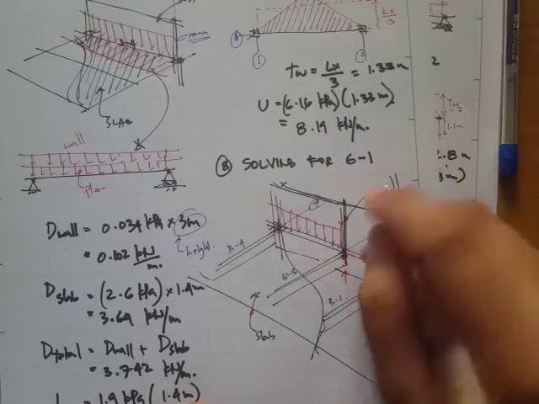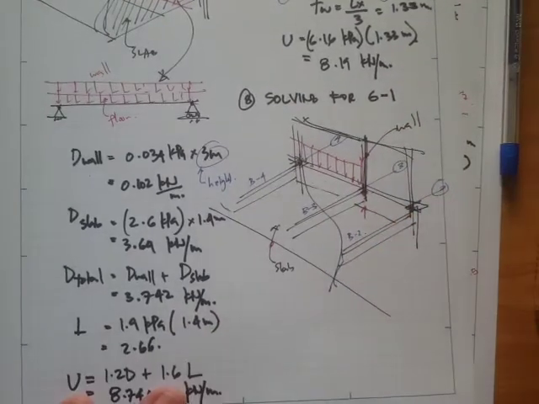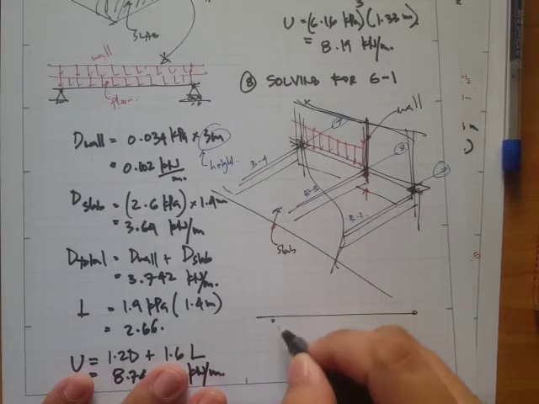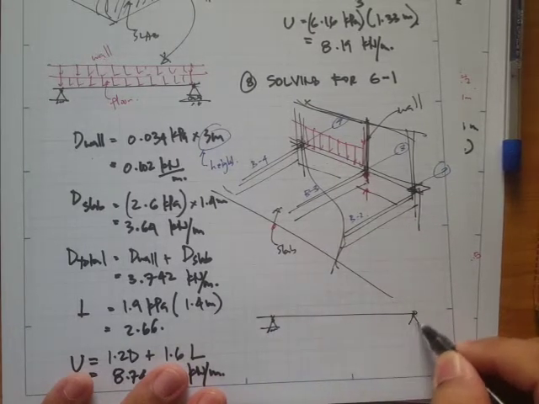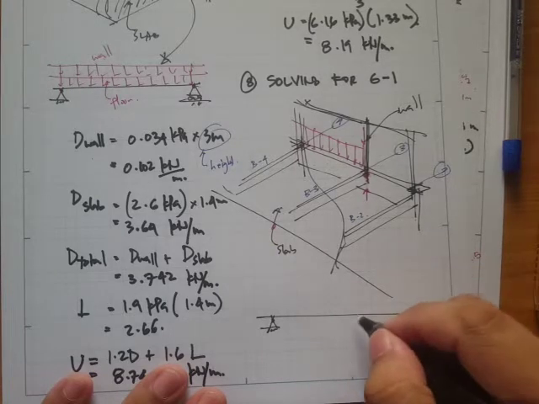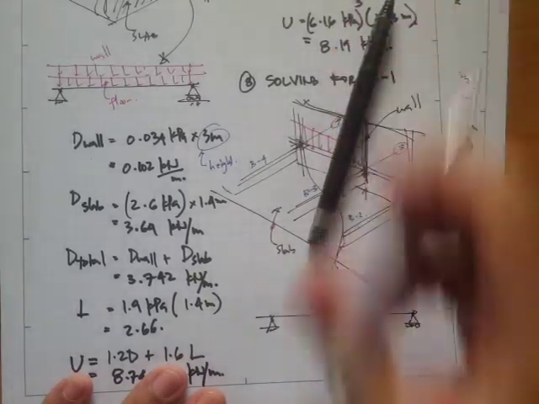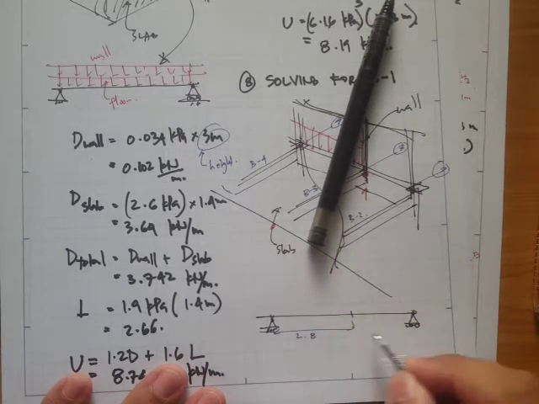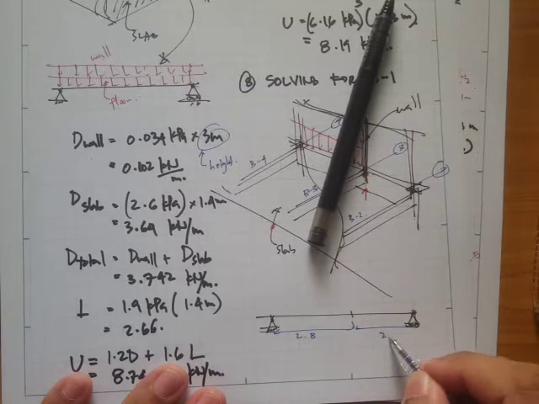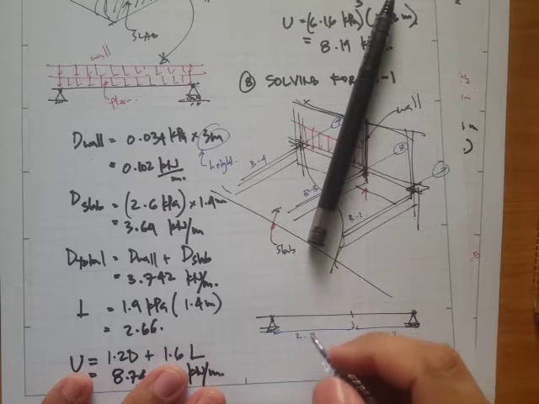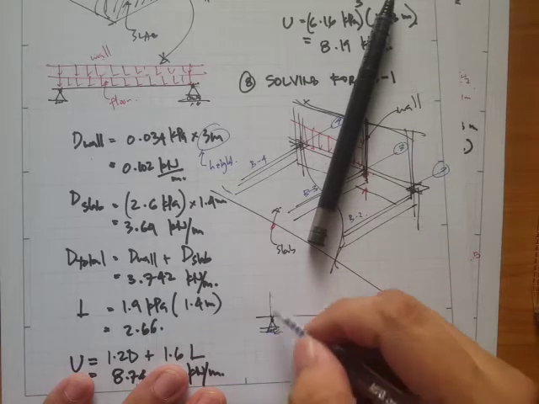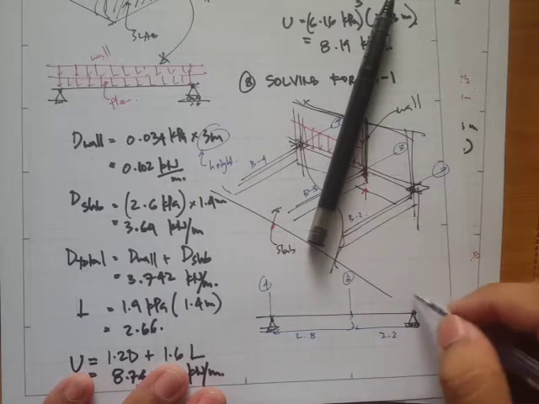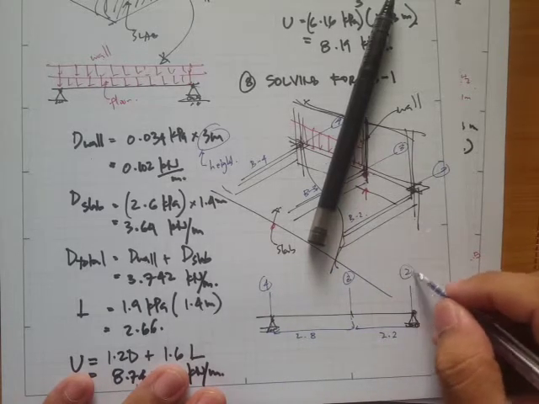If you try to draw the beam, we have a length of 2.8, then this one is 2.2 meters, and this point right here is balloon 4, then balloon number 3, then balloon number 2.